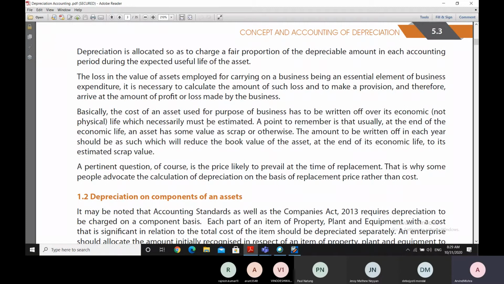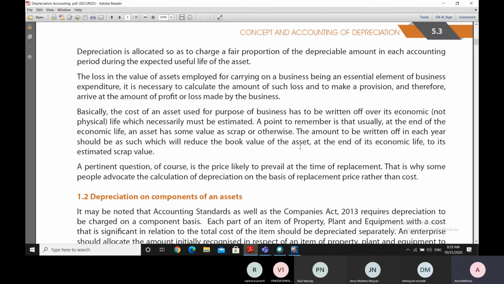A point to remember here is that usually at the end of the economic life of an asset, the asset still has some value, either as scrap or otherwise, which is called the residual value. Now the amount to be written off every year should be such that it reduces the book value of the asset at the end of its economic life to its estimated scrap value.